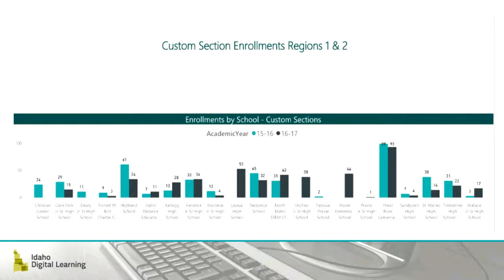These custom sections, and it shows the schools at the bottom there, are in regions 1 and 2, and it shows you the enrollment data of each of those custom sections. Some of these that are 3 and 4 are probably part of another custom section with another school district. That's what makes custom sections so nice, and it also makes it nice because you can do it in your own school and have a beginning time and an ending time that corresponds with your school calendar.